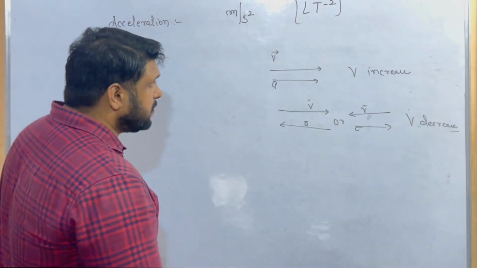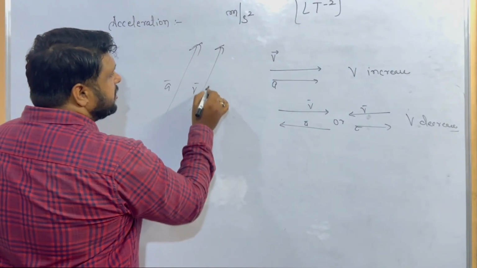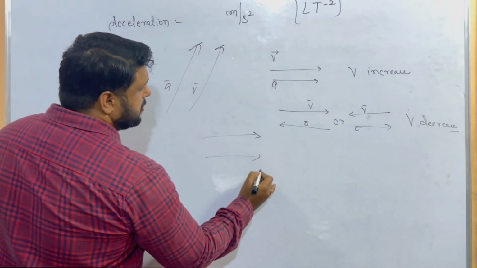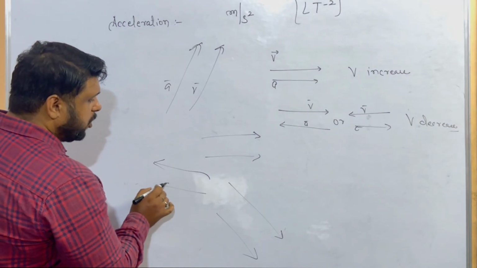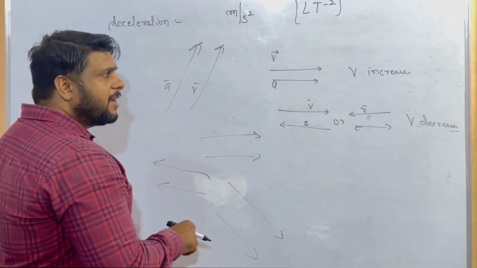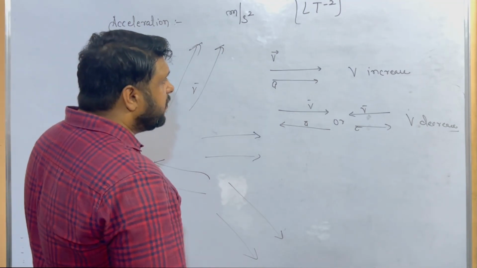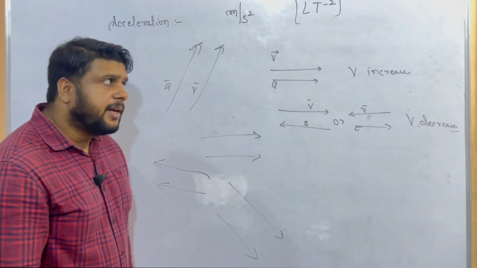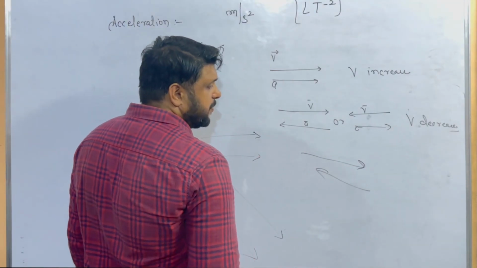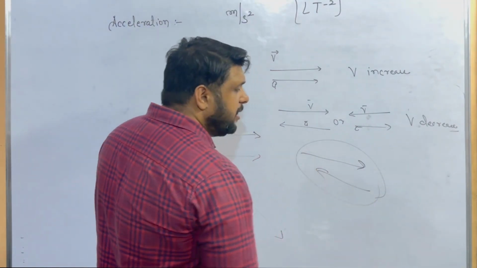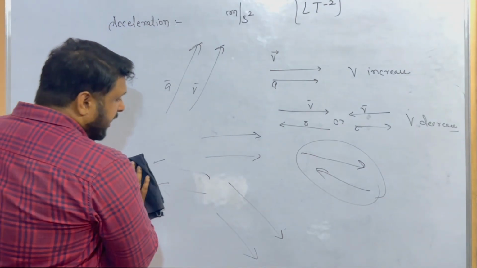If I am writing it like this, both of them are in the same direction. I can draw them like this also, but all of these are in the same direction, velocity and acceleration. So in every situation here the velocity is going to increase, but the minute the direction is changed like this, in this scenario velocity will decrease. Why am I telling you?